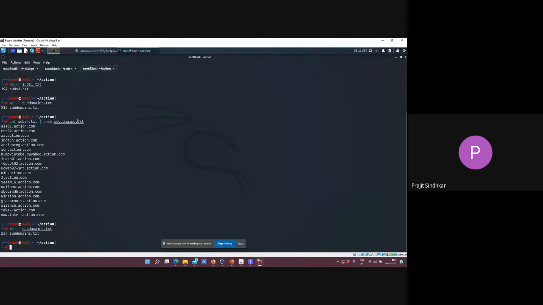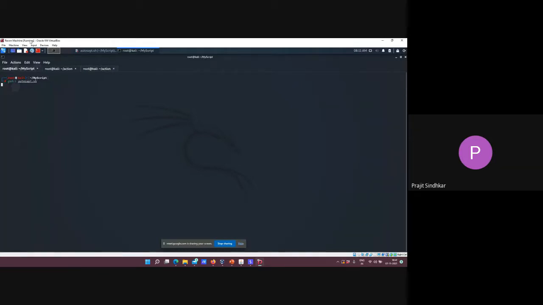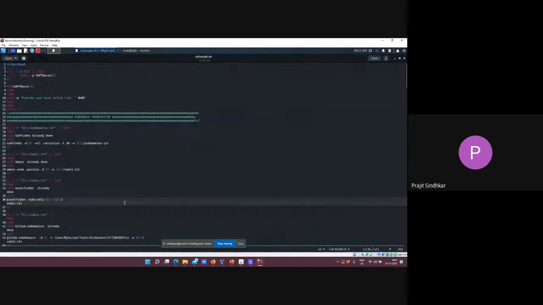Right now, it's not necessary that all of these subdomains are valid, so you have to probe them. The simple thing you are going to do is use httpx.